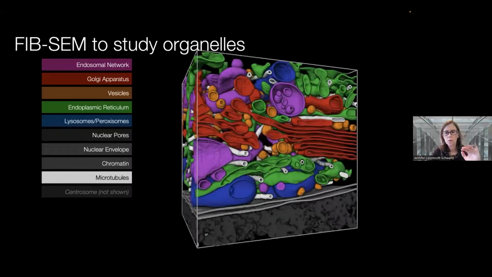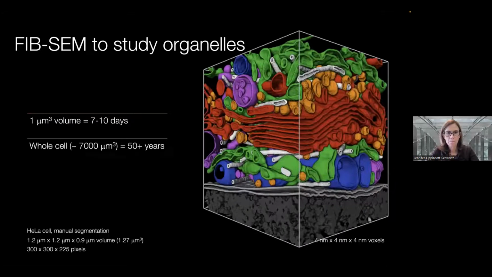Now, this is pretty exciting. This was all done by hand by a single person, and it took them about 7 to 10 days. They're expert at doing this, but just to segment out one cubic micron took 7 to 10 days for this person. So we estimated that it would take about 50 years for that person to go through an entire HeLa cell, which is about 7,000 cubic microns.